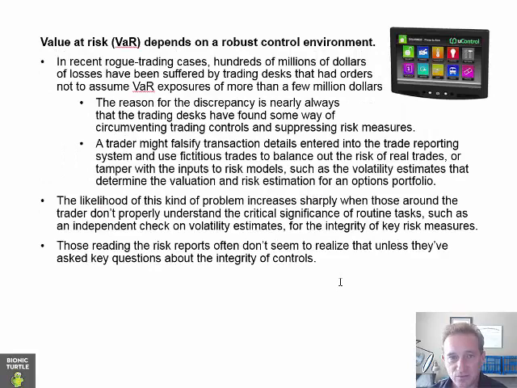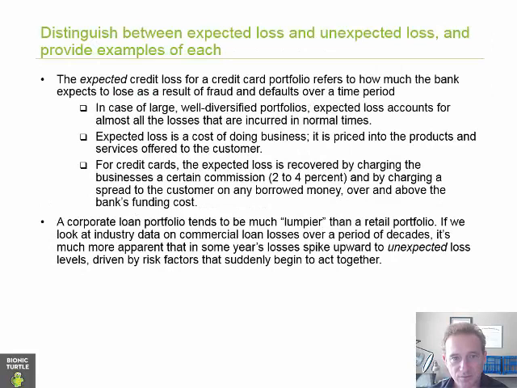Value at risk depends on a robust control environment. And then I'll just go to the next aim, distinguish between expected loss and unexpected loss and provide examples of each.